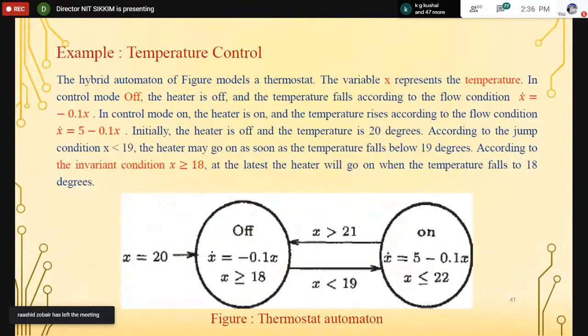According to this condition, X is greater than or equal to 18. At the latest, the heater will go on when the temperature falls to 18 degrees. So this is some sort of a representation of how the controller for any heater can behave.